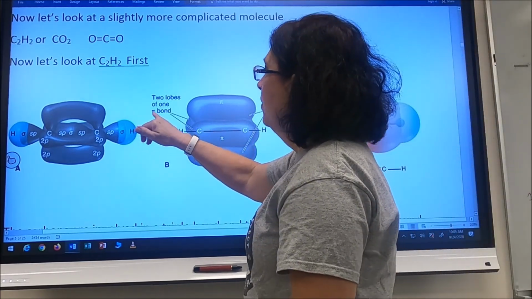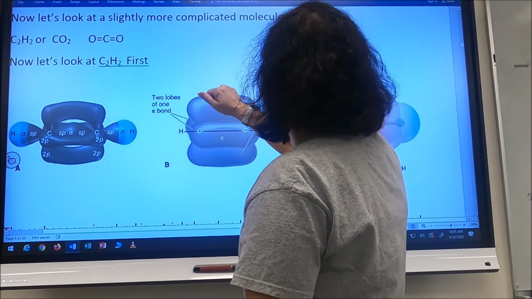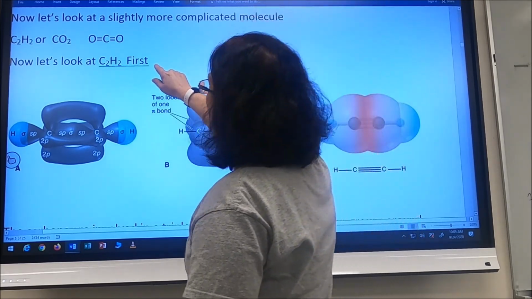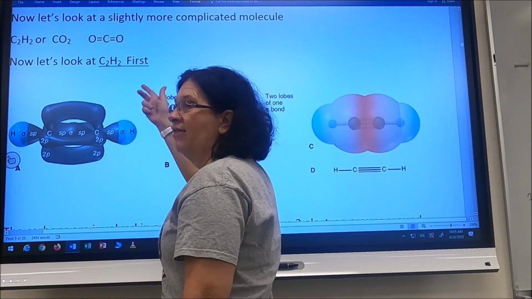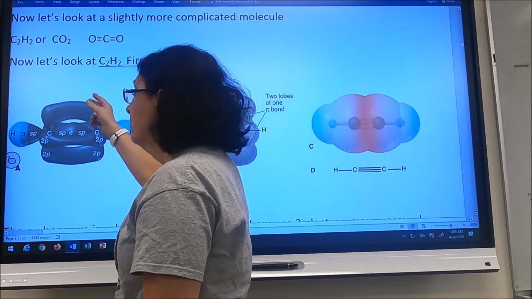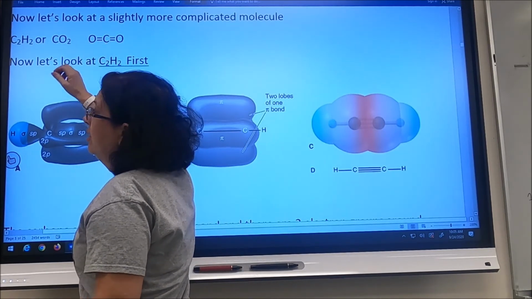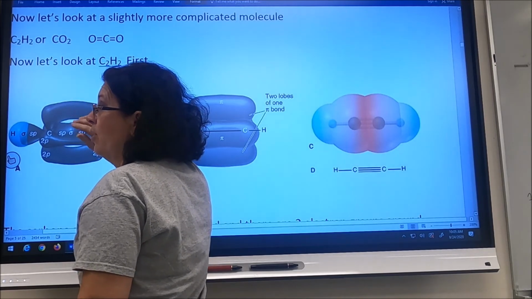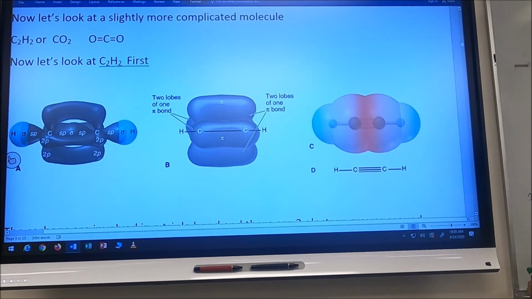The first bond between the carbon and oxygen, okay, because they're two electron groups, the hybridization has to be sp. The second bond between the carbon and an oxygen is made with unhybridized orbitals. Now let me draw you some pictures.